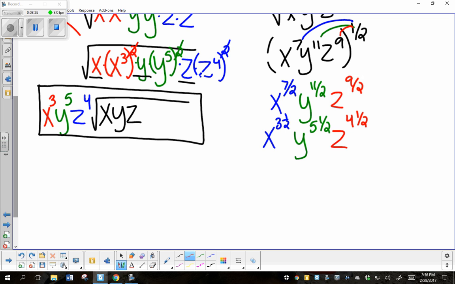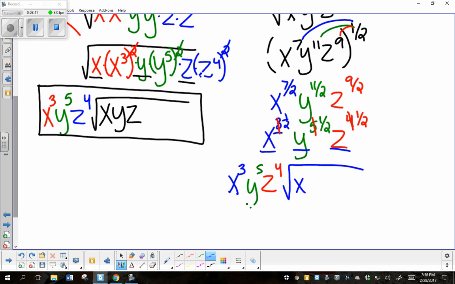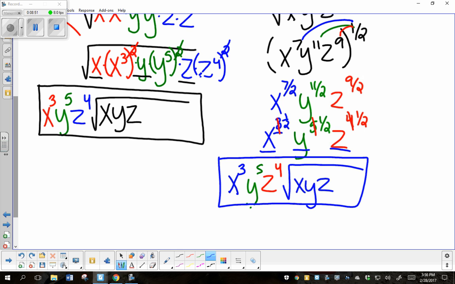So that means, I know this is kind of weird, that anything with a whole number we can bring out. So we can bring out the x to the 3, y to the 5, and z to the 4. And then we still have the 1/2 left on all of those. So the power of 1/2 means in the square root. So in the square root, we're going to have this x, this y, and this z. It's whichever way you prefer, really. You get the same answer.